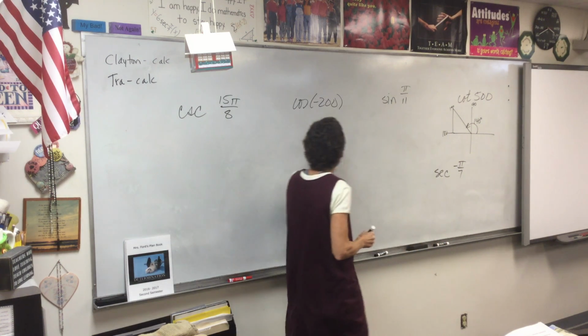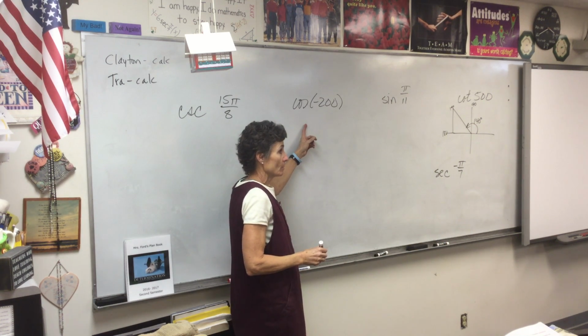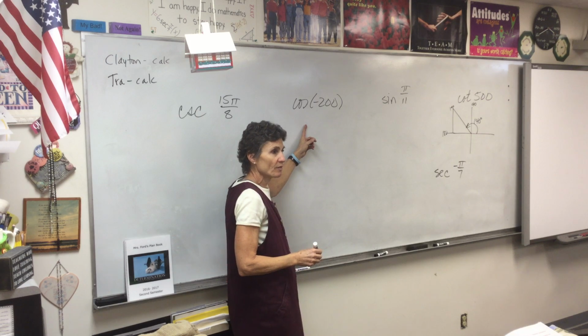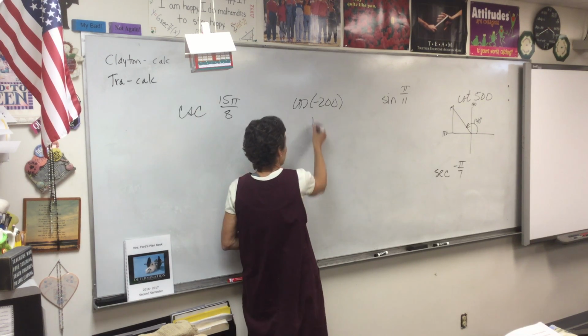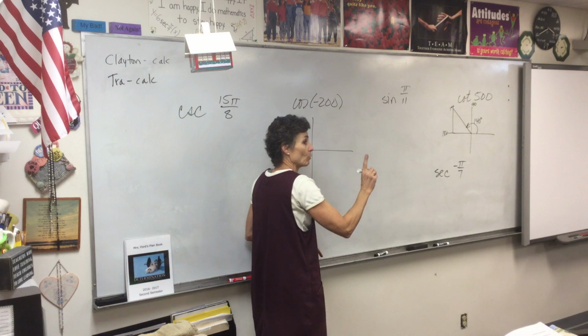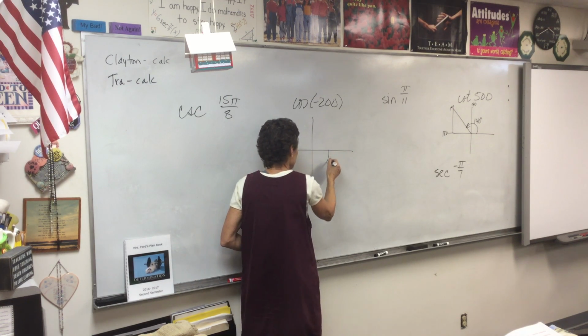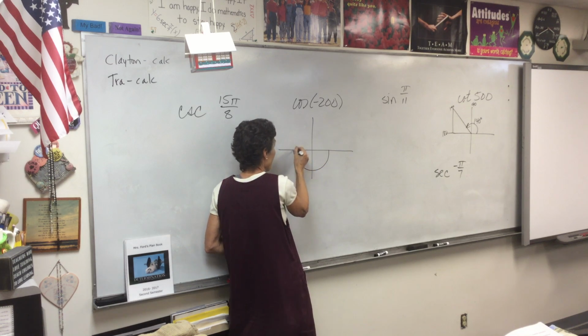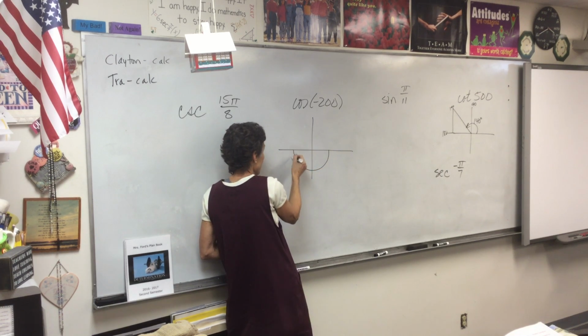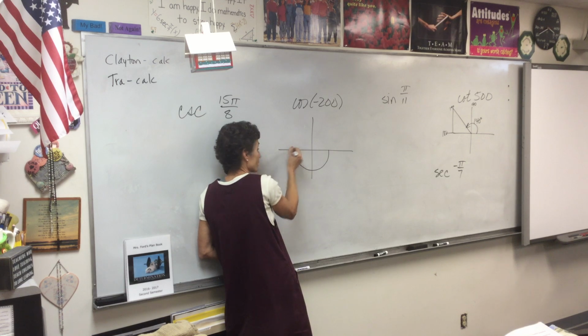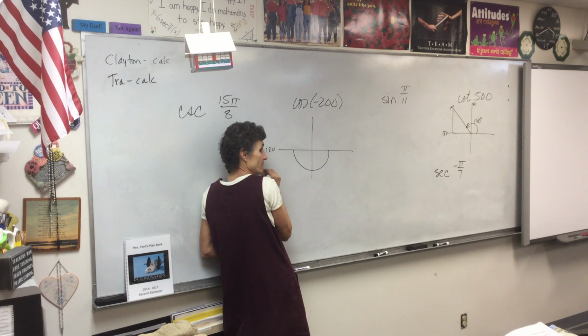The other tricky one is right here. What in the world do we do with a negative angle? Any thoughts on that? Go backwards. So instead of going this way, I'm going to go this way. Now how much would it be going backwards? How much would it be to here? Wouldn't that be negative 180?